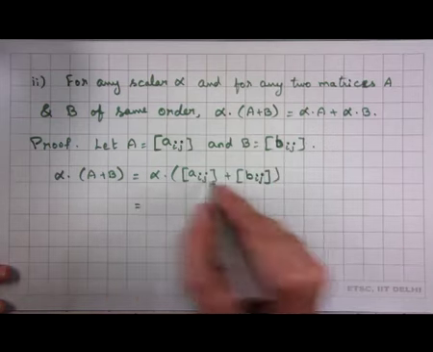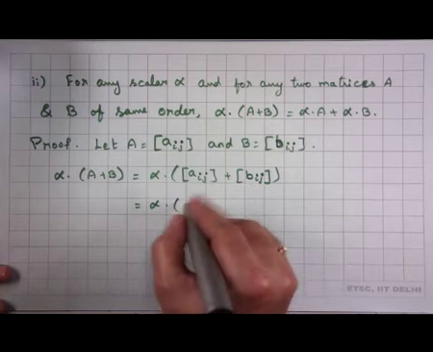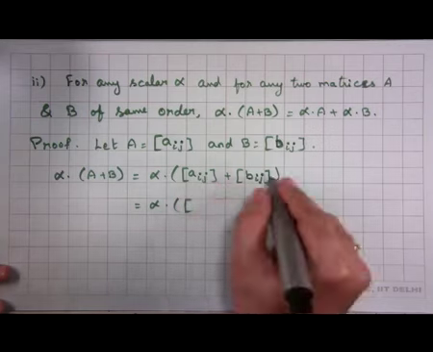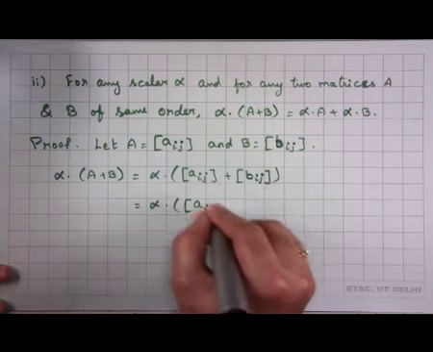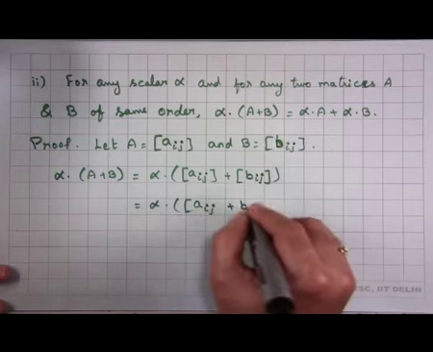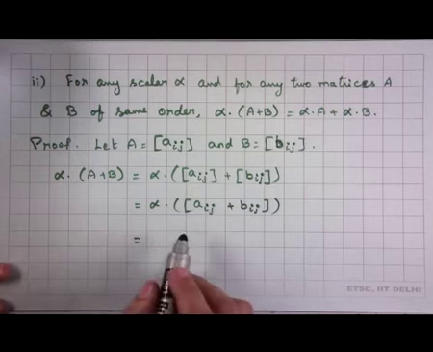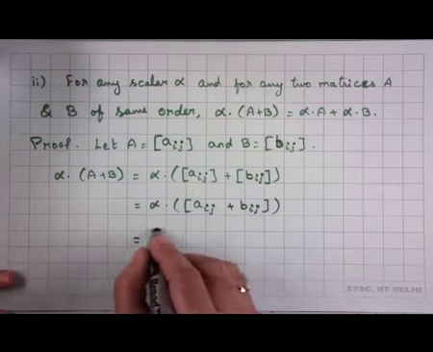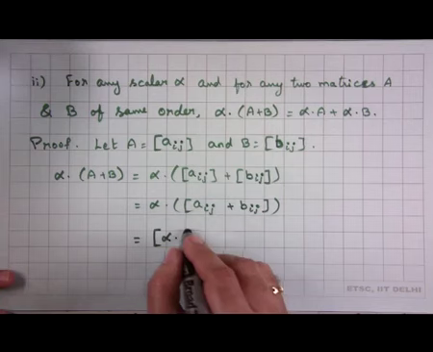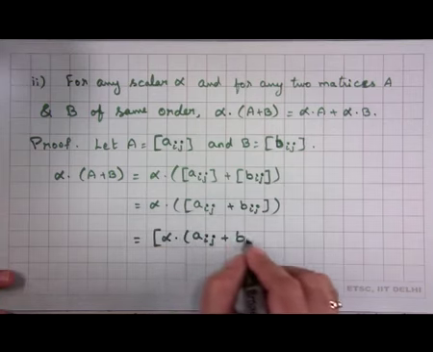Alpha dot (Aij plus Bij), by the definition of matrix addition, since entrywise you add them, gives you the matrix Aij plus Bij. Now by the definition of scalar multiplication, this is alpha dot (Aij plus Bij).